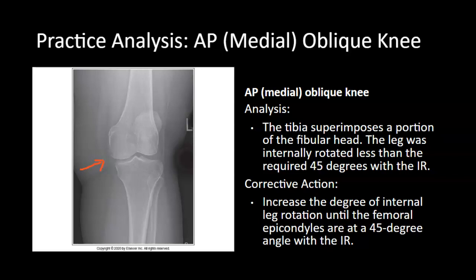Therefore, this knee projection is insufficiently rotated. We need to increase the degree of rotation until those epicondyles are 45 degrees with the IR, freeing that fibular head of superimposition.